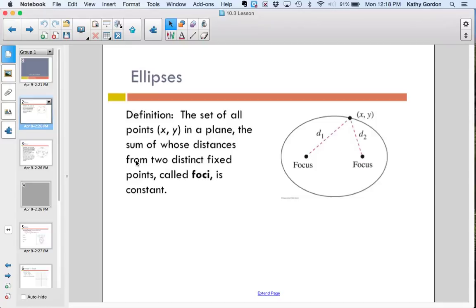The first thing to point out here is that with an ellipse, there are two focus points. With a parabola, we only had one. With an ellipse, we have two, and the plural of focus is foci, F-O-C-I, meaning that we have two of them there.